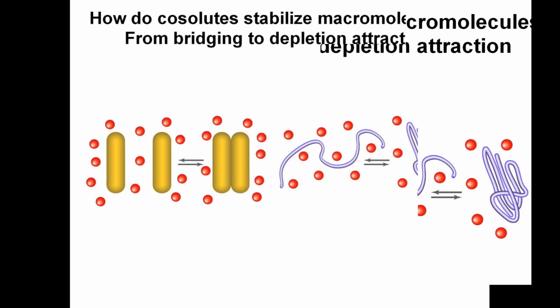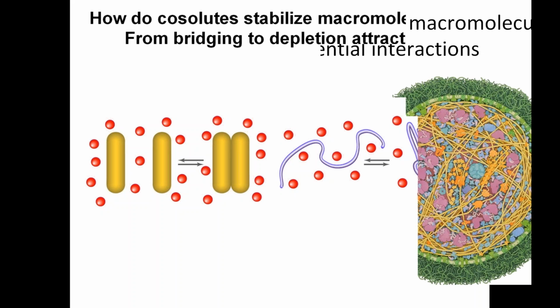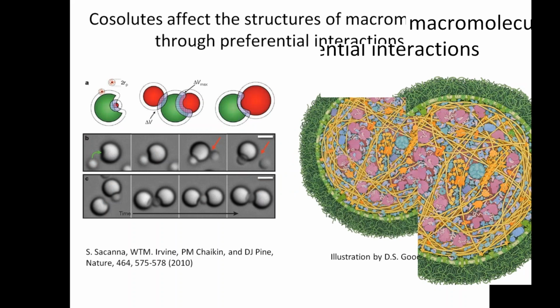And this phenomenon has many manifestations in very different fields. For example, in this slide, you can see that adding cosolutes to shift macromolecular association or structure is exploited both in biological systems and in synthetic systems.